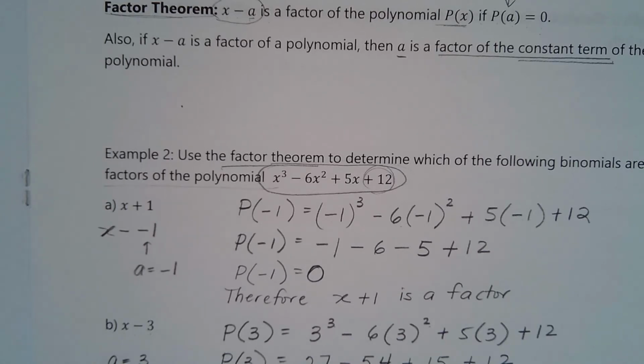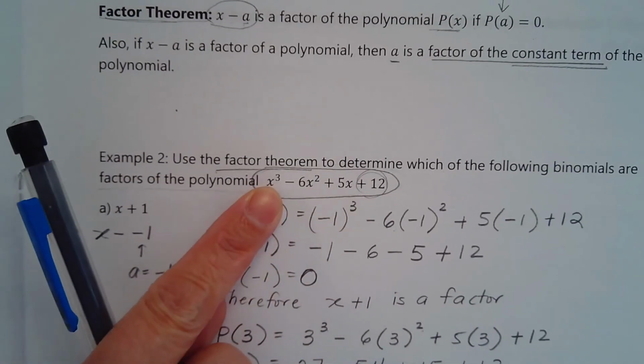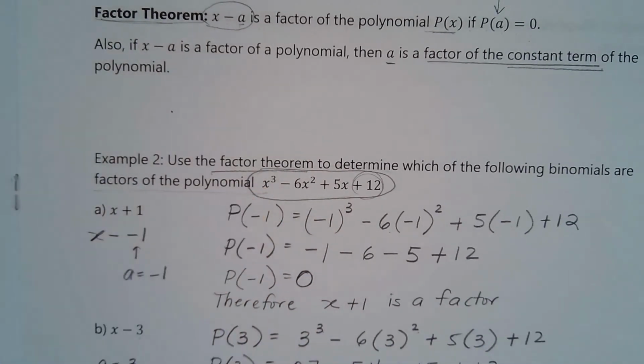Previously in your old course, you were graphing linear functions. You know how to graph a line. In your previous course, you know how to graph a quadratic function, x squared. Now, in grade 12, we could graph cubic functions, x cubed, and also x to the 4th, x to the 5th, x to the 6th.